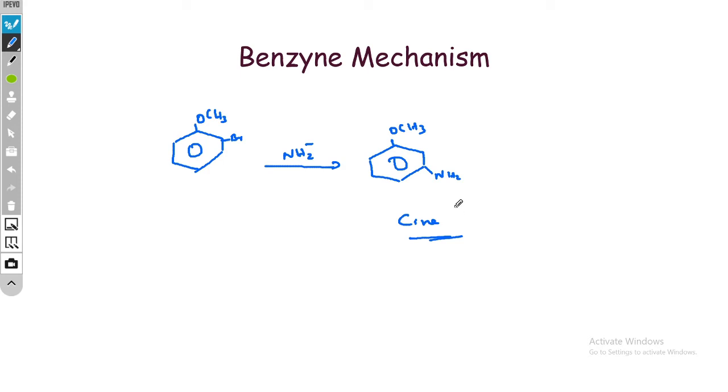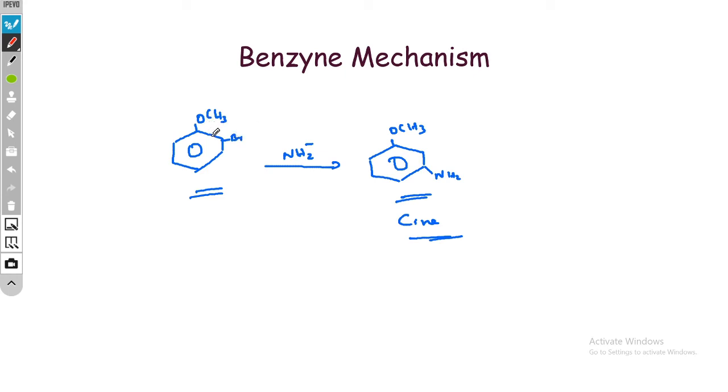Such substitutions are called cine substitution. Here is ortho-bromoanisole. When treated with NH2 minus, the exclusive product will be this meta amino anisole. So by this product, what will the benzyne intermediate formed be? Here the bromine leaves.